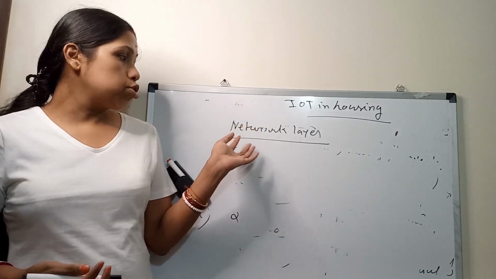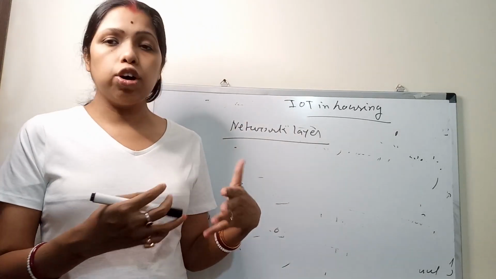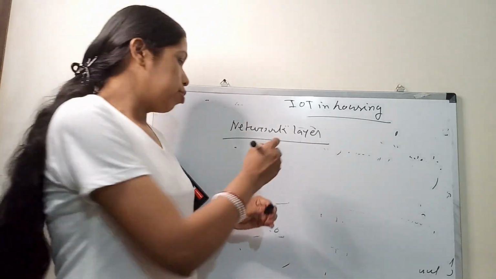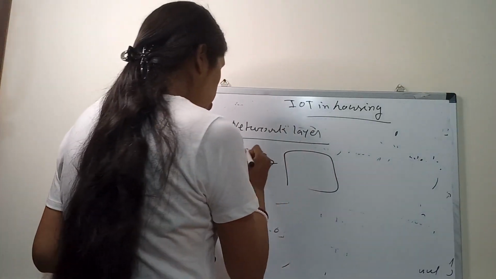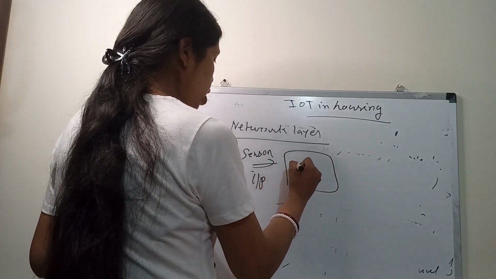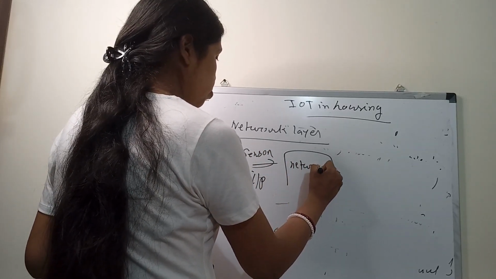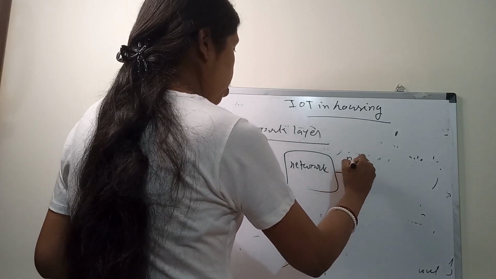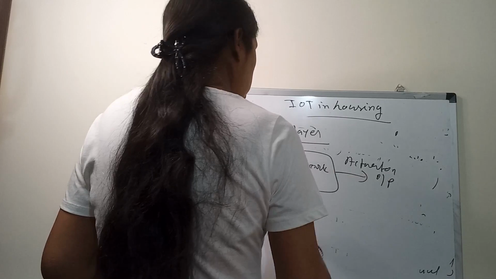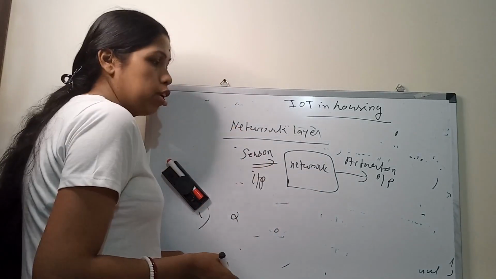Analog data or digital data can be transferred through the network layer. Here you can see the sensor input in a network and the actuator output. This is the block diagram of the network layer.